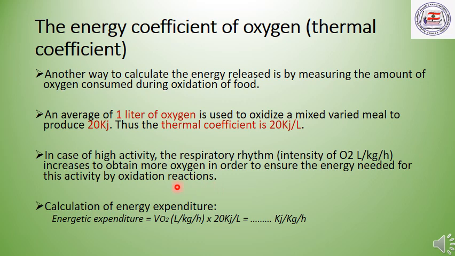In order to calculate the energy expenditure, there's a specific formula. The energy expenditure is equal to the volume of oxygen that is used multiplied by the thermal coefficient, which is 20 kilojoules per liter. The answer has a unit kilojoules per kilogram per 1 hour.